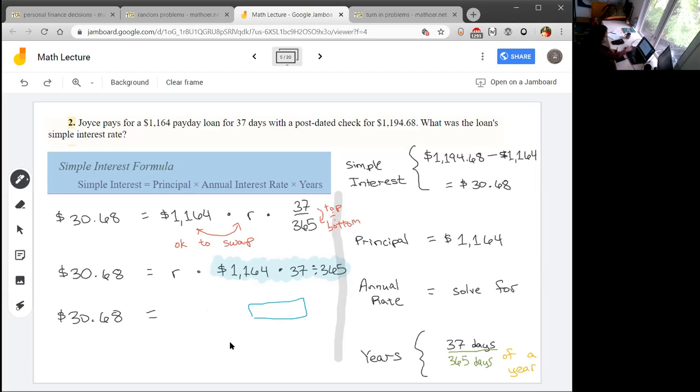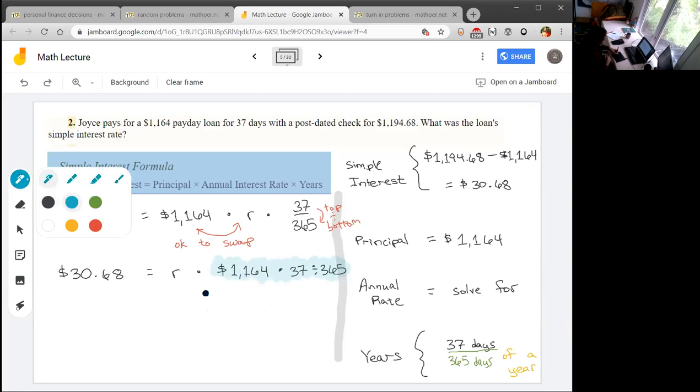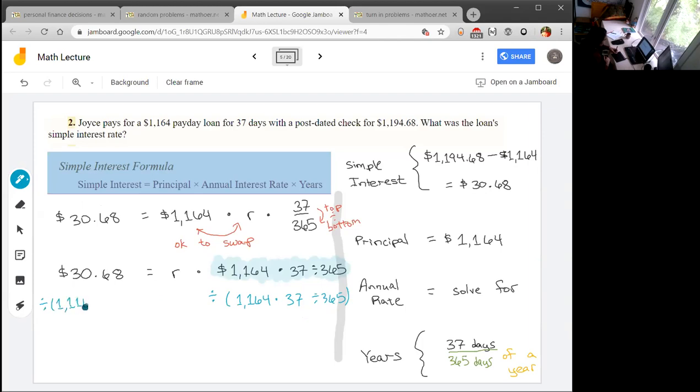Or are we going to say, I don't need to know what that number is, I can just take both sides and divide by all of it. They're both good ways to do things. Which one makes more sense to you?